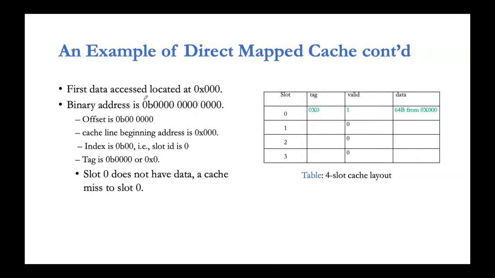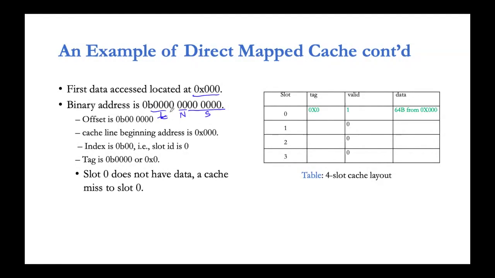For the first attempt, the first data is accessed at location 000. The binary equivalent is written in 12 bits, since every hexadecimal digit takes 4 bits. As we know, the last 6 bits are your S bits, these 2 bits are your N bits, and the remaining are your tag bits.